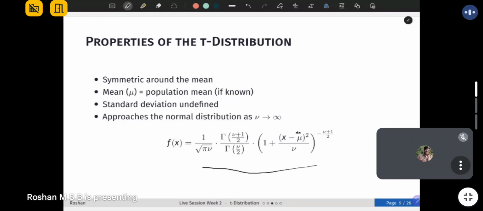Once this tends to infinity, this will again get converted to the normal distribution PDF. You don't need to worry about this formula, since you already have the table with you. You don't need to remember this formula. This is just for your information.